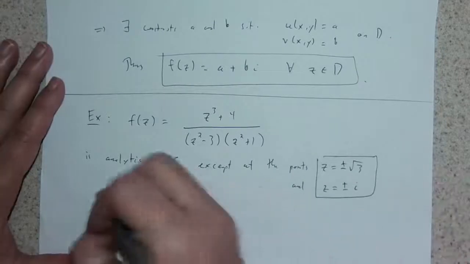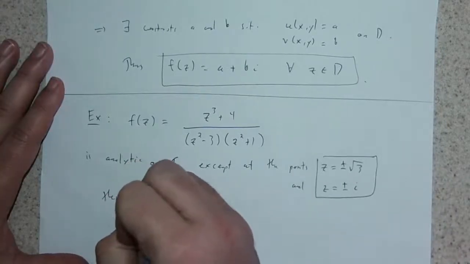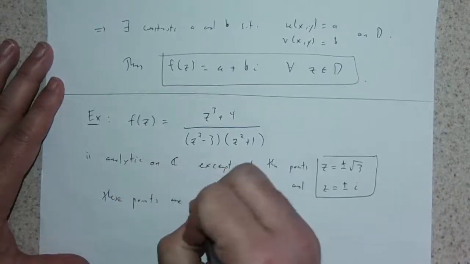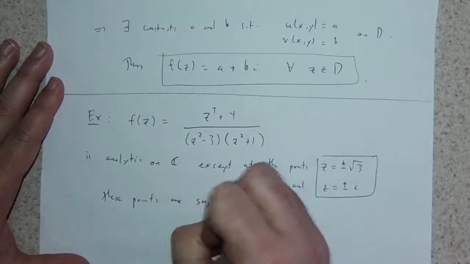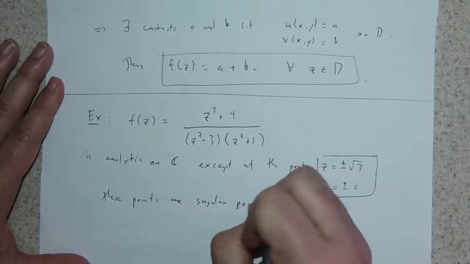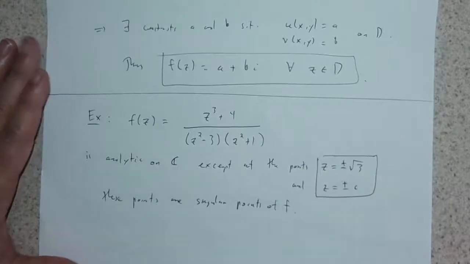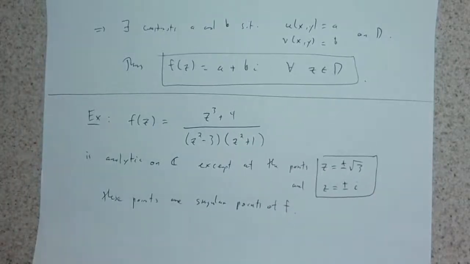And these points are singular points of f. They're singular points because this thing is analytic at every other point. We get that it's analytic at every other point by just its form, right? It's a rational function.